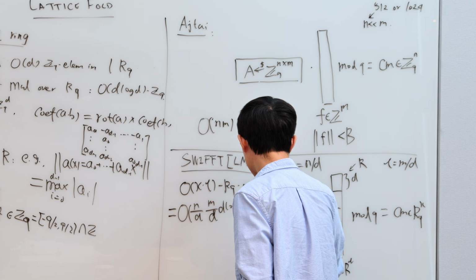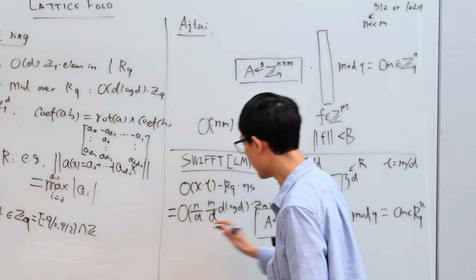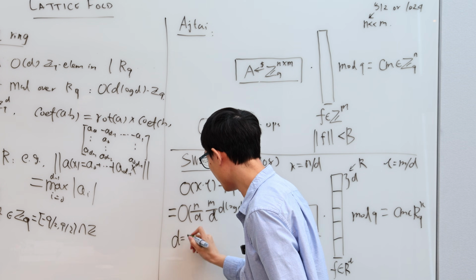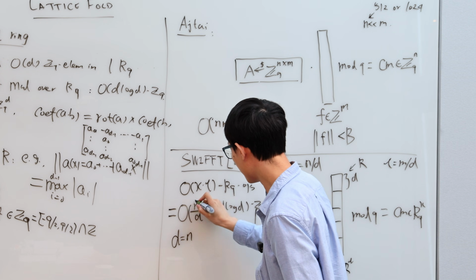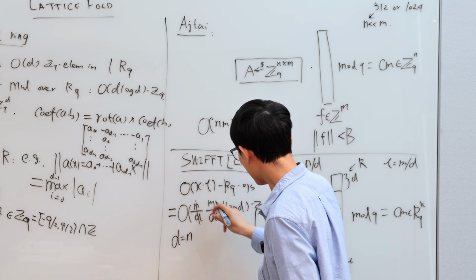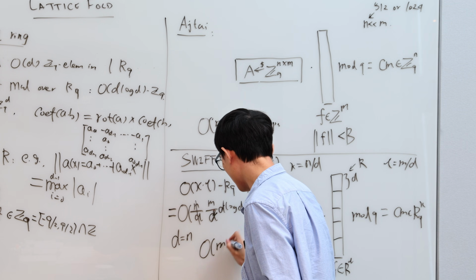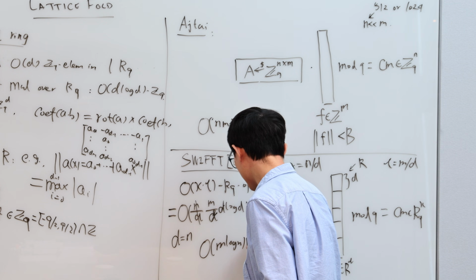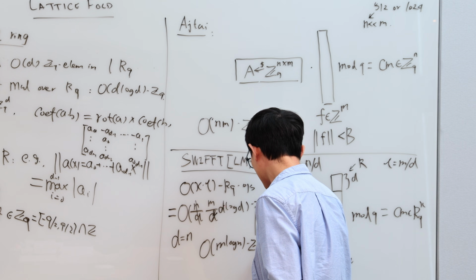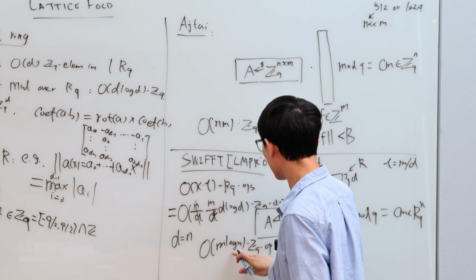And this is much faster than this. For example, if you set d to be n, this will cancel out, and this will be m log n, right? So this will be about m log n Z_q operations. And this is much smaller than n times m.